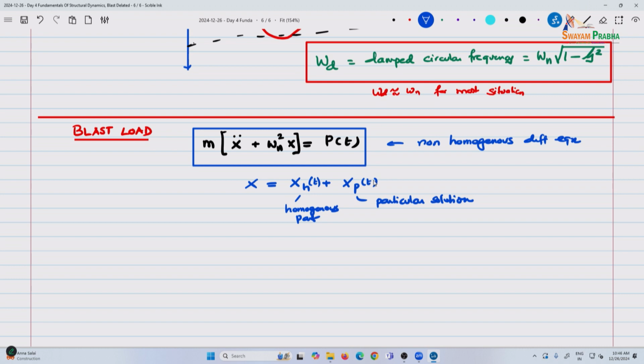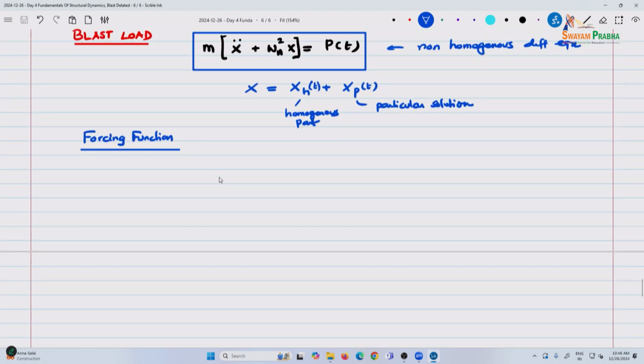Okay. Now, what are the forcing functions? If I were to ask you, from what you have absorbed over the past 3 or 4 days, what would be a forcing function? And you have seen some experimental data also. What's that? Yeah, okay. So what is the nature of the forcing function?